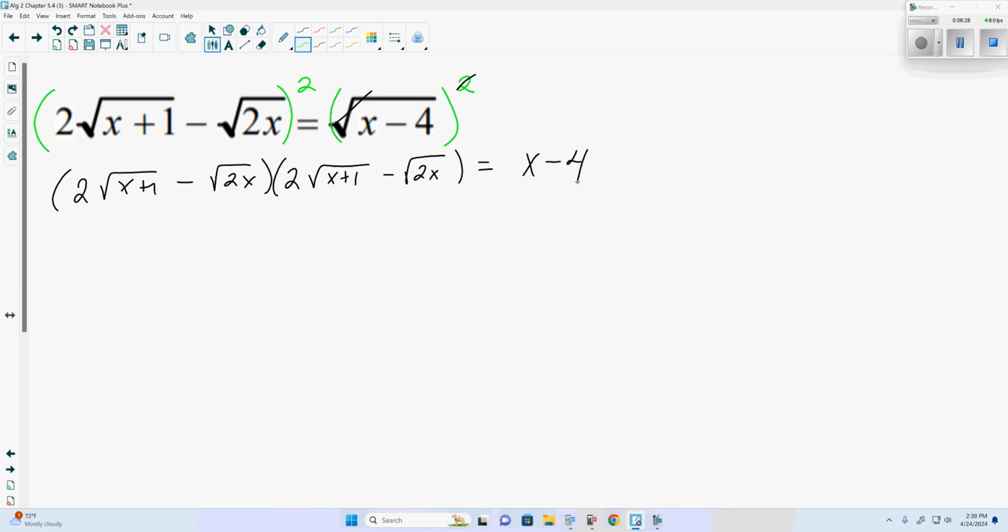Now the left-hand side, we're going to distribute. The first thing we're going to multiply is 2 times square root of x plus 1 by 2 times square root of x plus 1. Well, our 2 times 2 is 4.